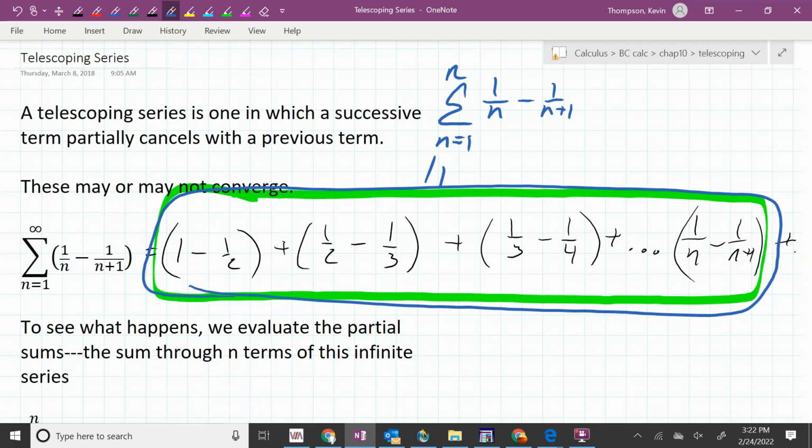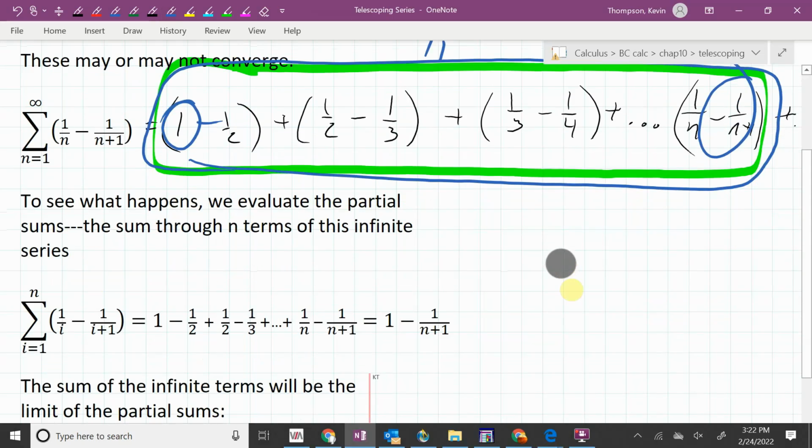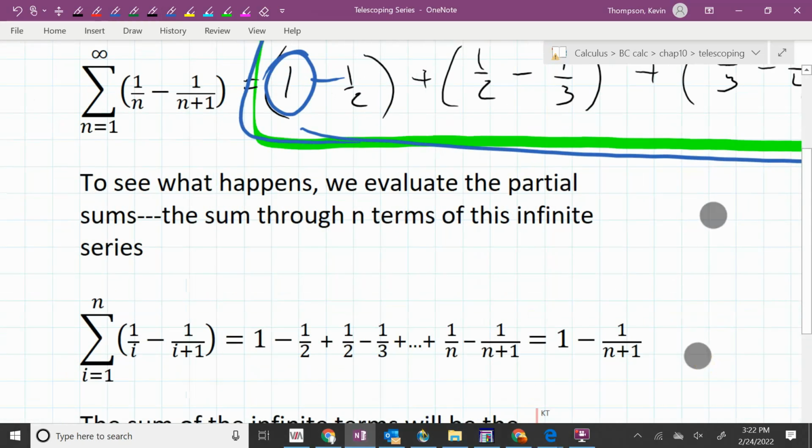What are the only parts of that summation that don't cancel out? The first term, 1, is that what you mean? Okay, so the 1 is left. What else is left? And it's being subtracted. So it's this then.